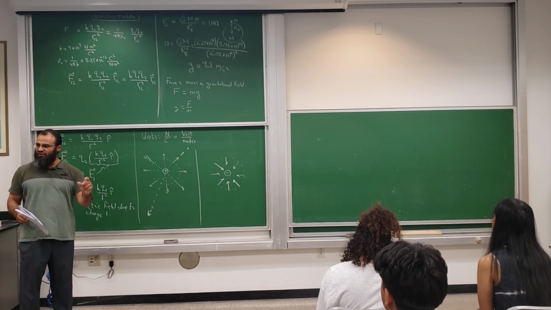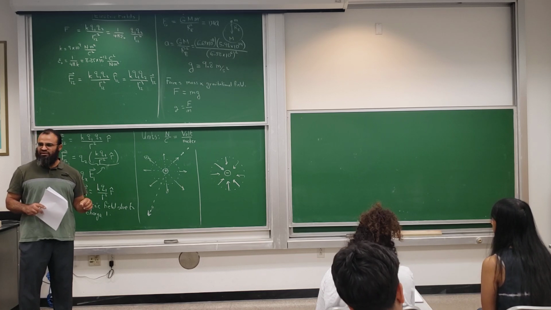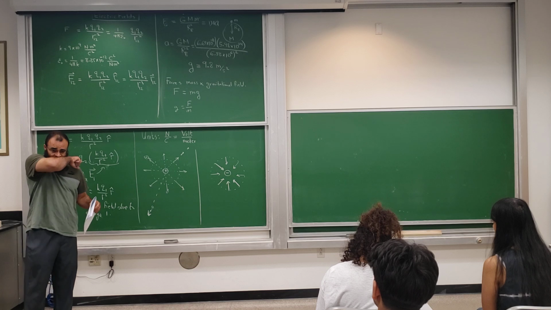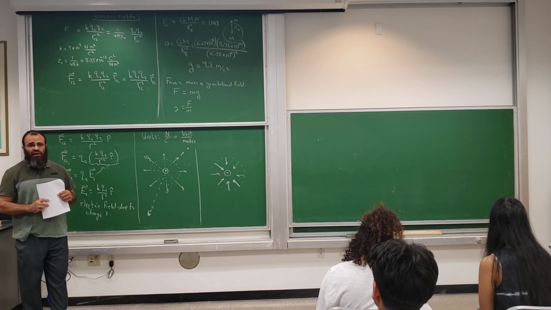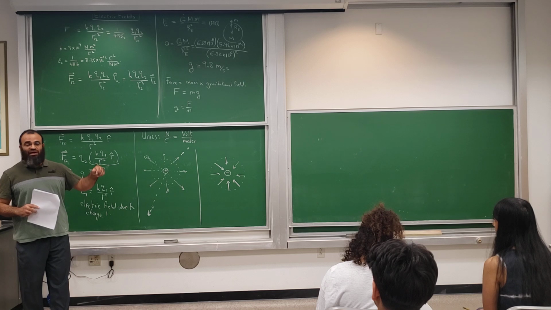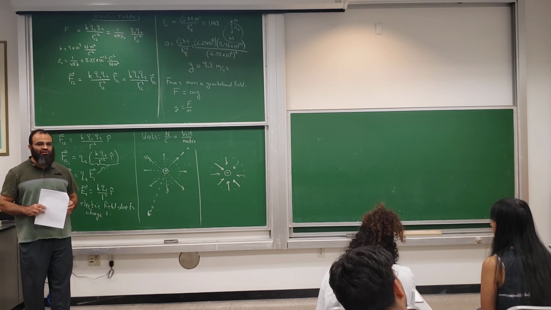We'll talk about that for a little bit. And then we'll focus on continuous charge distributions. And that will involve some integration that will be for next time. And then next week, after the test, we'll be focusing on Gauss's law, which is also how we calculate the electric field when we have symmetry and more complicated situations.